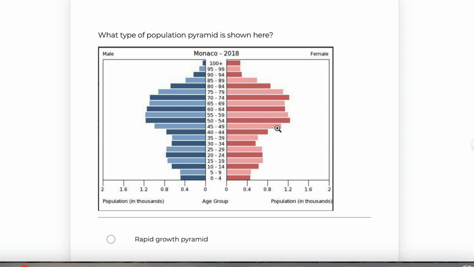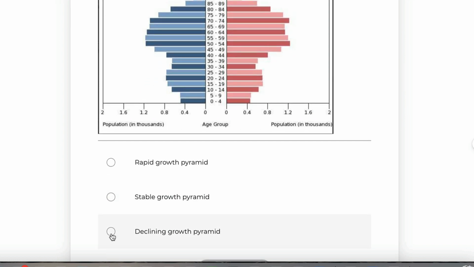So when these people are at the very top here, these people are going to be the main economically active. There's not enough. There's more older dependents than economically active. And it seems to be a trend of less and less. So this could be considered stage 5. You can see it's not only rectangular, it starts to be an upside down pyramid. And that's going to mean declining growth.